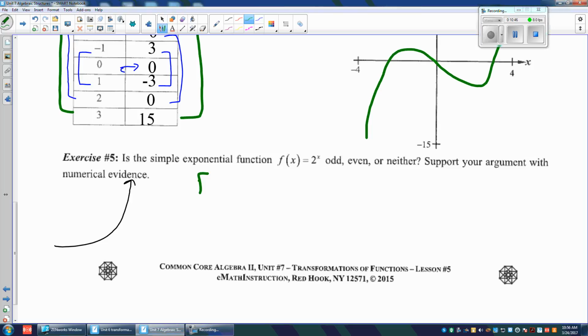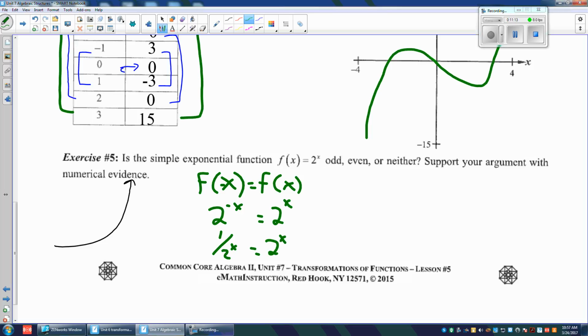The even function test. f of negative x has to equal f of x. So does 2 to the negative x equal 2 to the x? Remember the negative exponent rule. Does 1 over 2 to the x equal 2 to the x?